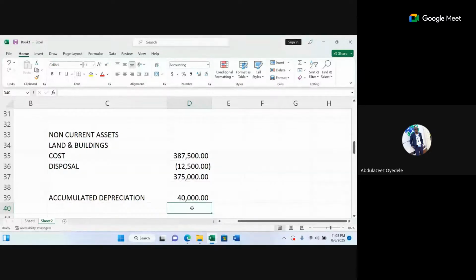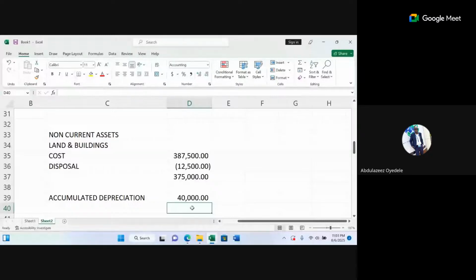That 40,000 includes the accumulated depreciation that has been charged on that particular building that we have disposed of. And so because we have disposed of the building, we cannot continue to carry the accumulated depreciation of a building that we no longer hold in our accounts. So we are going to expunge the accumulated depreciation on that building that was disposed of as well.